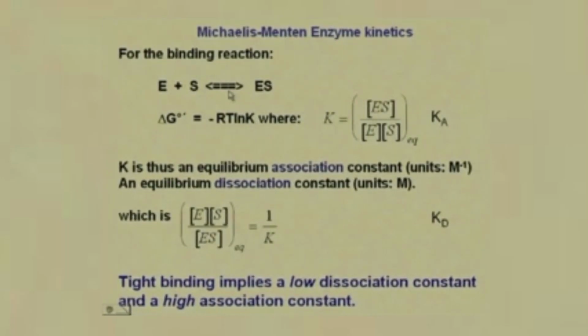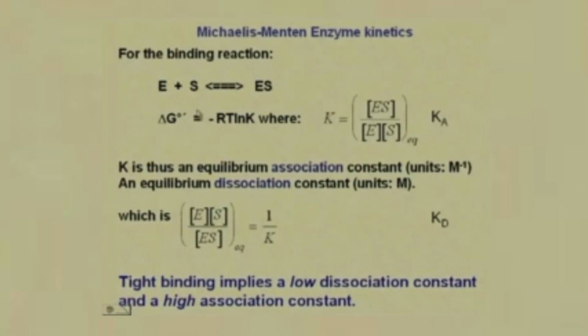So that is also an equilibrium from the reverse side. I have the expression which is just 1 by K, with the enzyme concentration and the substrate concentration divided by the enzyme substrate concentration, which makes the units of a dissociation constant molar units.